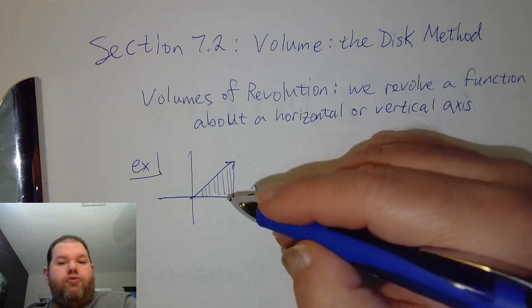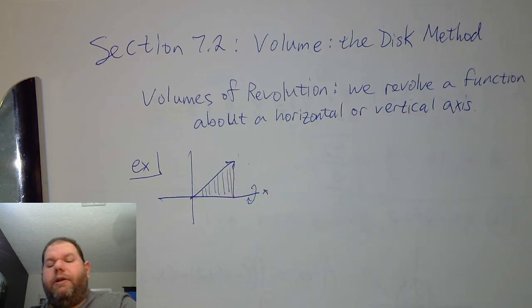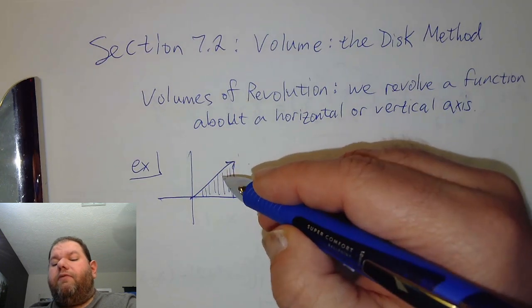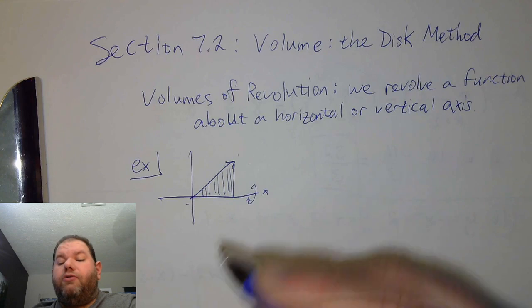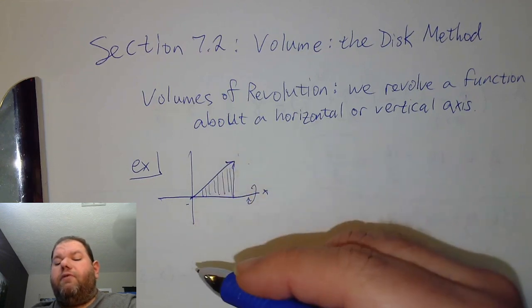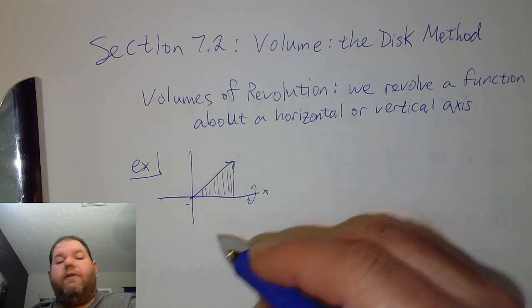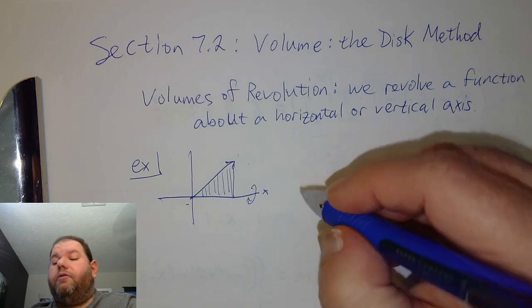So essentially we have a triangle in the xy plane, and we're going to revolve this around the x-axis. If we imagine the third dimension coming out from the page, this line is going to revolve around that x-axis and create a 3D figure.